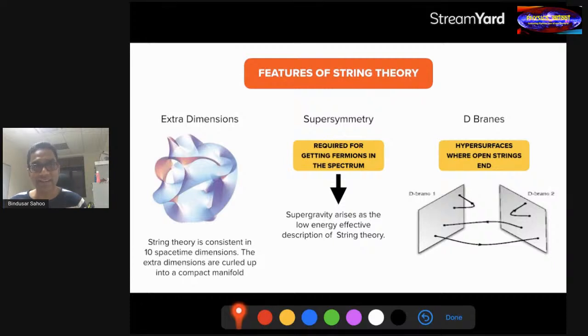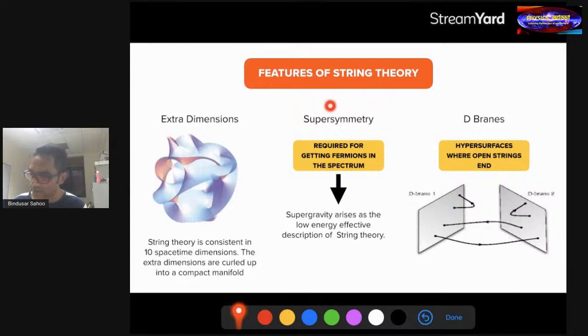So there are 6 additional space dimensions, and they have to be curled up into tiny, small, compact manifolds. That is one feature of string theory. So you need to compactify your 10-dimensional theory on some 6-dimensional compact manifolds, and these compact manifolds are called Calabi-Yau manifolds, named after two mathematicians, Calabi and Yau.